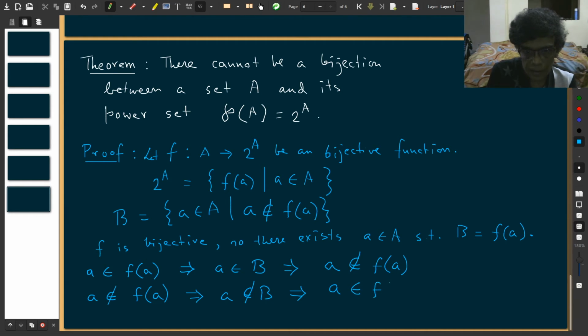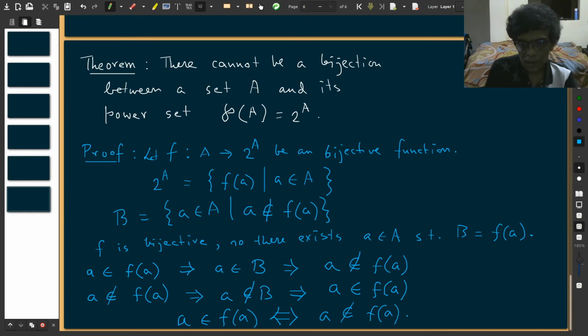That is the reason I didn't include a in B. So, I have proved a is in f of a if and only if a is not in f of a. Right? But this is just an absurd conclusion. So this contradiction proves that no function f from A to 2 power A can be bijective.